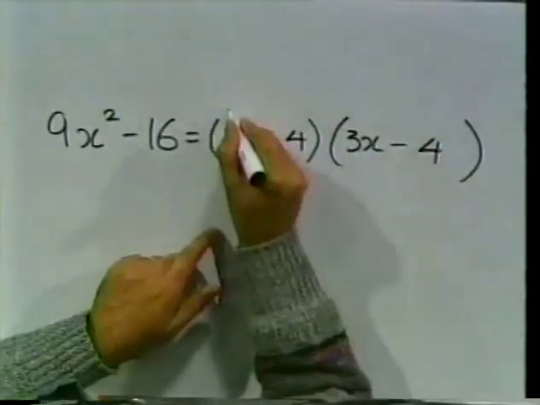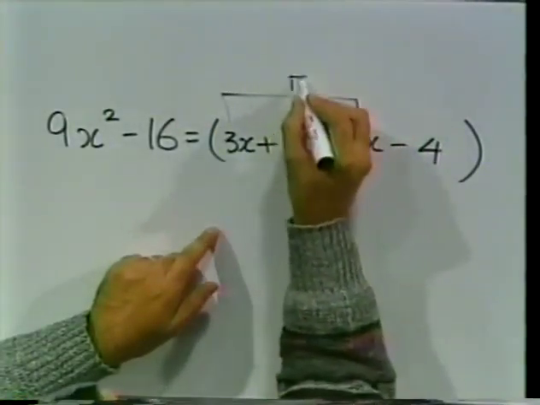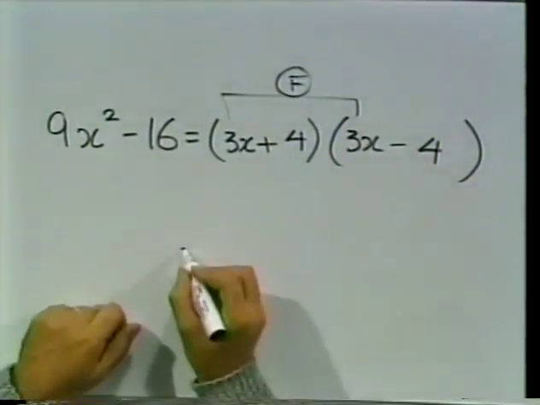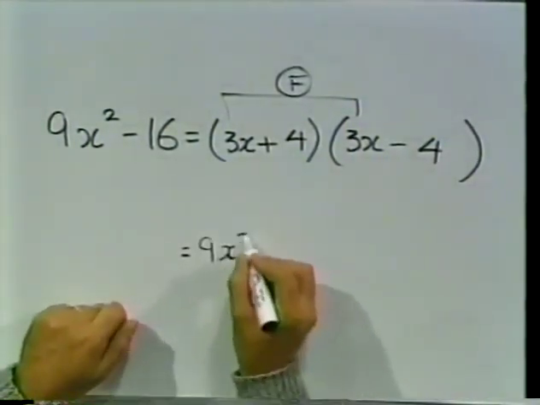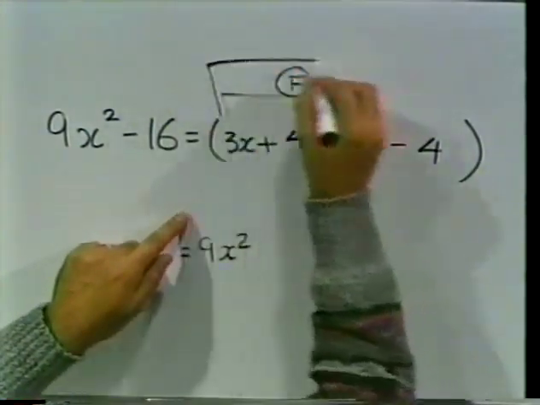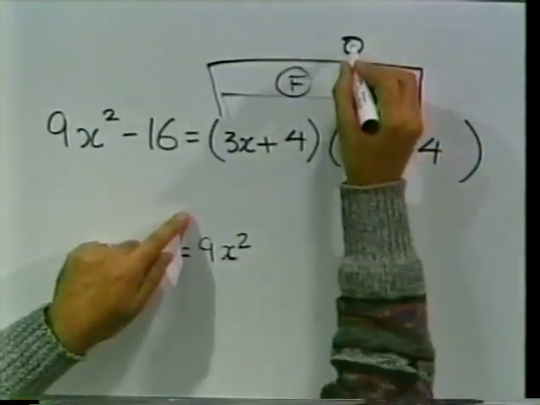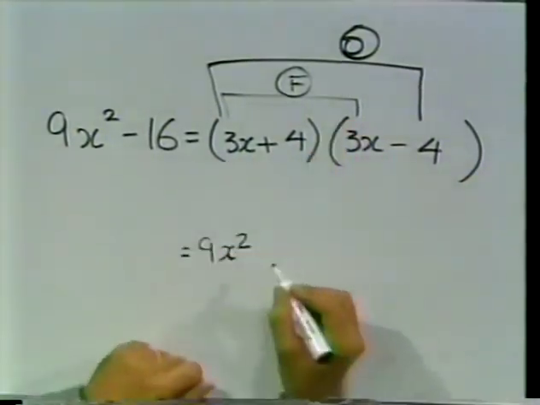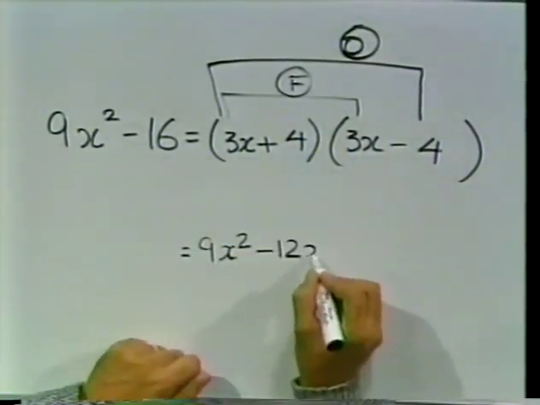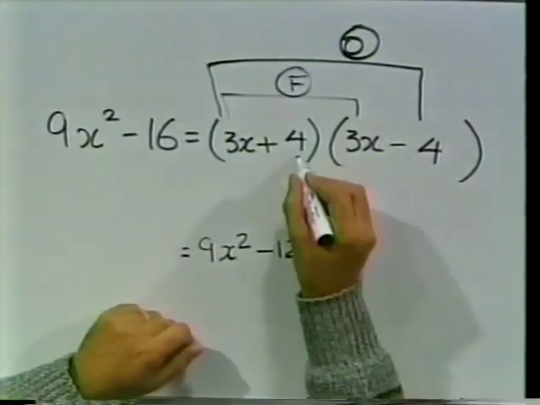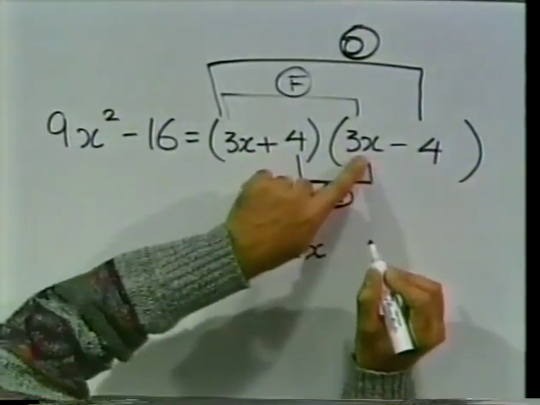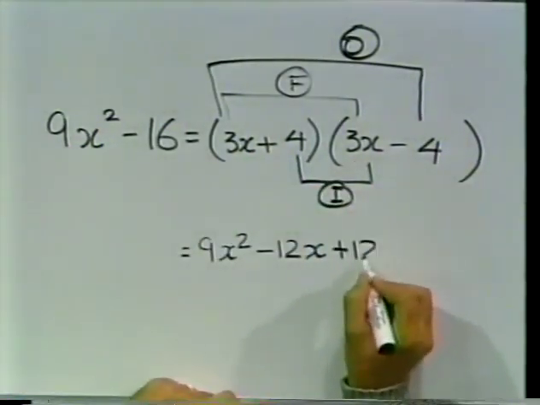Let's check this one. If we multiply the first term by the first term, we multiply 3x by 3x and get 9x squared. Next, I multiply the outside terms, multiply 3x by negative 4, which is negative 12x. Next, I multiply the inside terms, 4 by 3x, and I get 12x.